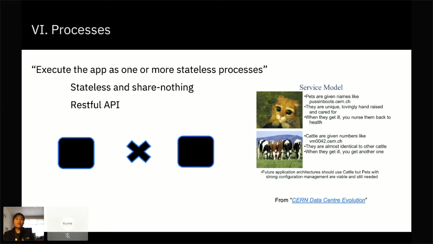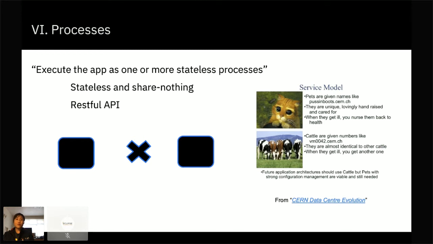The next one is processes. You should execute your 12-factor app as one or more stateless processes. The best practice is to use JAX-RS as a specification to create your microservice, because that enables stateless, share-nothing processes. In this case, you can freely destroy any processes or scale down or scale up without losing any information. In this slide, I compare them as pets versus cattle.